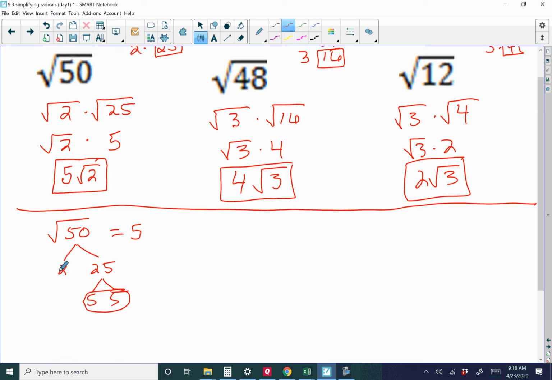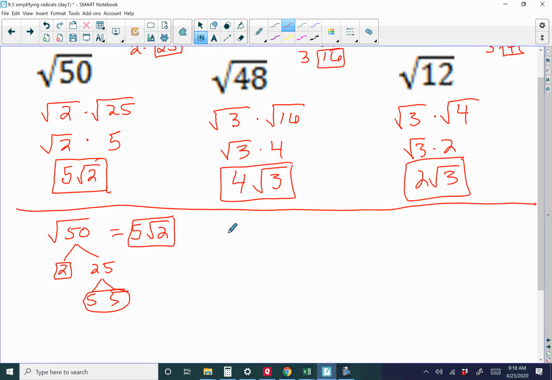Any numbers that are left over without a pair, we put in a box, and they go back under a radical. Square root of 2, right? Since there's a 2 by itself, we write it back underneath the square root symbol. So that's another way of doing this same thing. You see we got the same answer, 5 square root of 2, right?